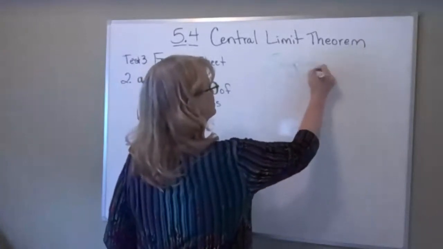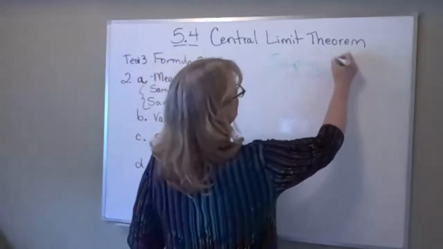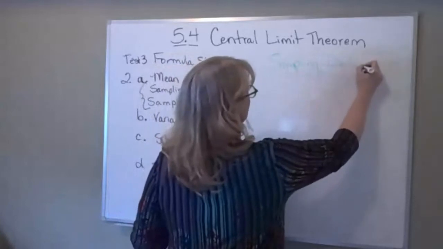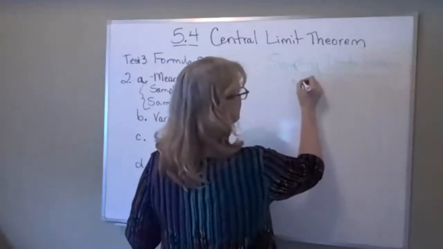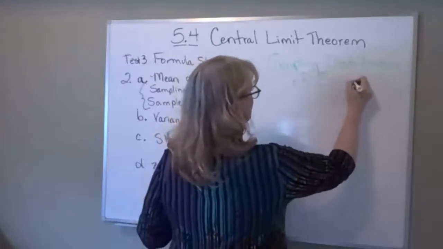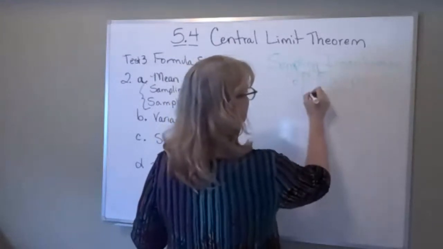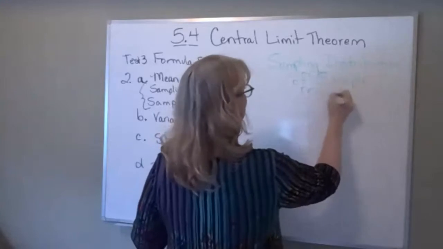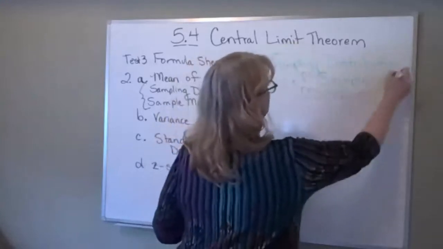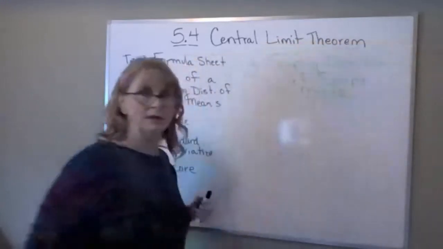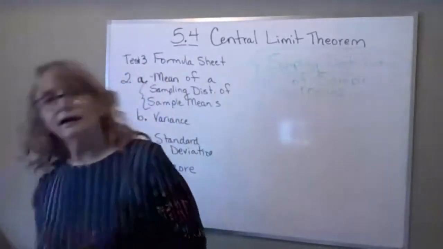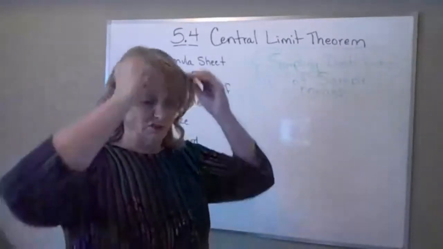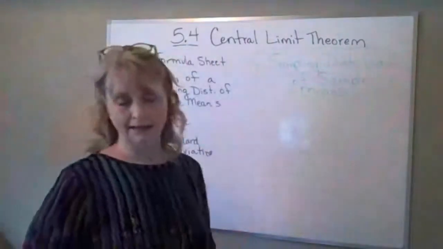This is kind of light, so I'm going to use a different color. The sampling distribution of the sample means. Here's what the situation is for that. This is what that means.